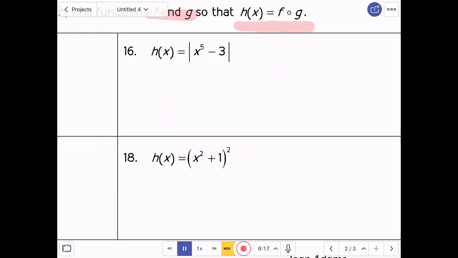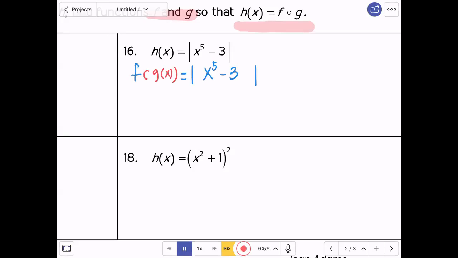For number 16, your h function is equal to the absolute value of x to the 5th power minus 3. So f composed with g of x is equal to the absolute value of x to the 5th power minus 3.